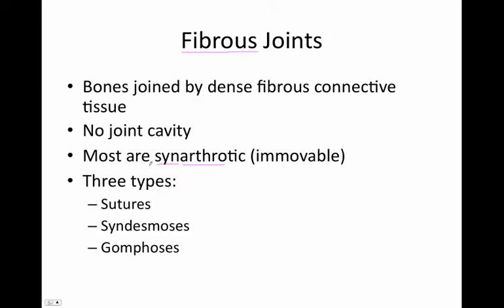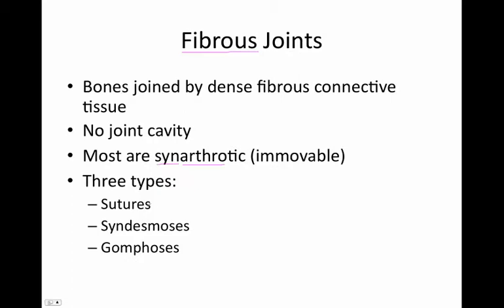One of the things that you're going to see with joints is, how do you keep these straight? Maybe taking a look at a table or something could pull these together nicely, but generally, if we run into a fibrous joint, it is for the most part synarthrotic or immovable.